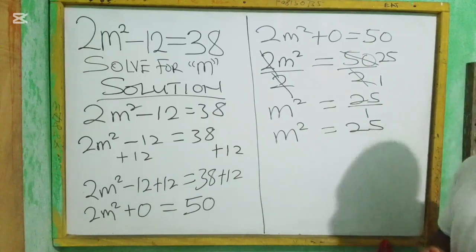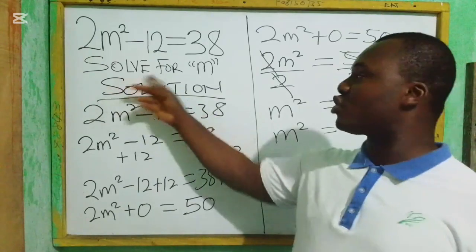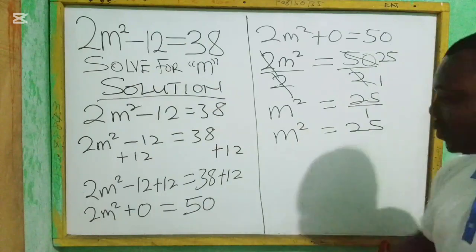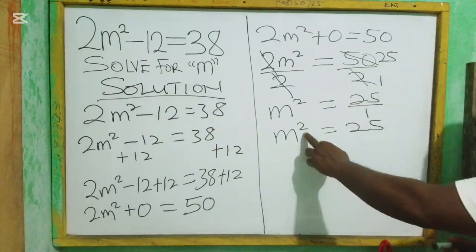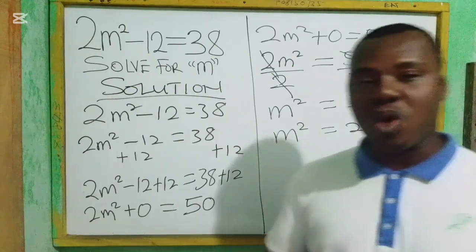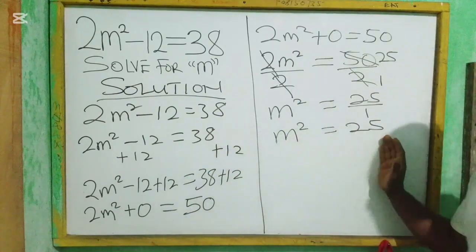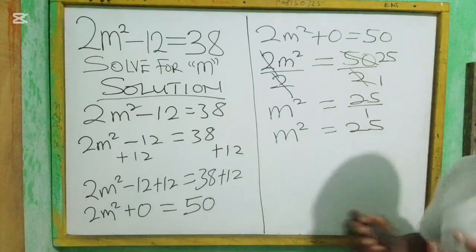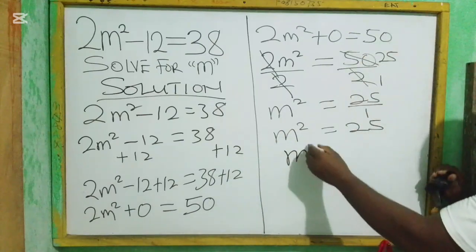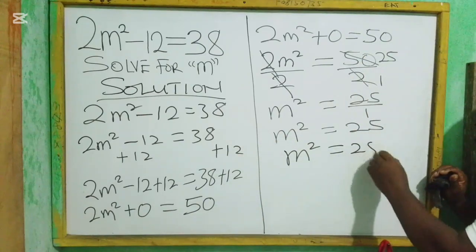Now when you get here, the question says that we should solve for m, and now we see the m with a power 2. So what we do, we will apply the square root to both sides, and then we'll see what the answer will be. So we are going to have m squared equal to 25.